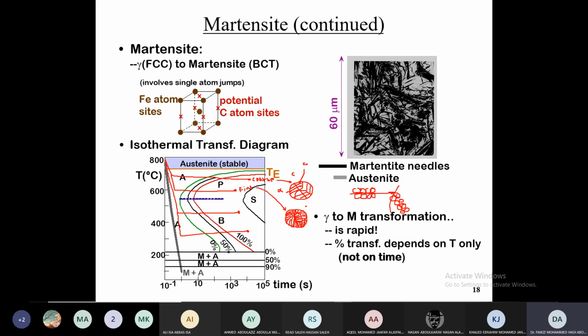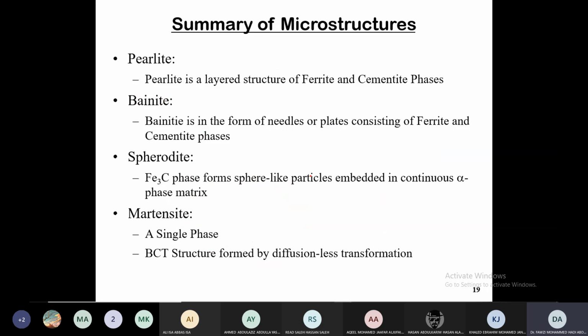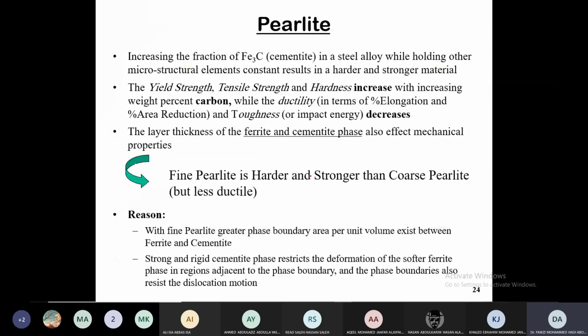So this is what I have already explained. Having it coarse or fine affects the mechanical properties of the material. Same here. The fine pearlite is harder and stronger than the coarse pearlite, but less ductile. We have already explained that.